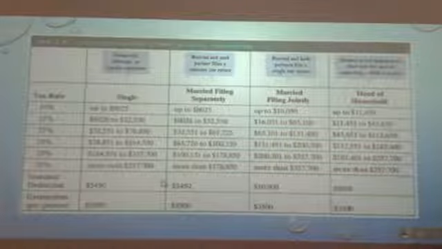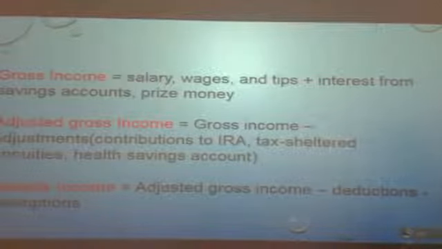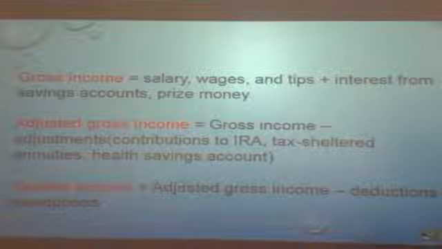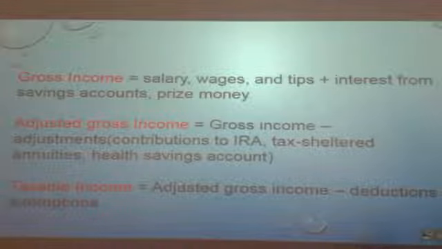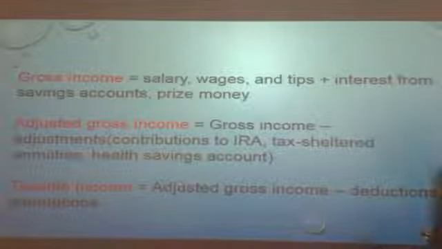So in my example, let's go ahead and do some terms. Your gross income is everything that comes in terms of positives, like your salary, your wages, your tips. If you have interest in a savings account, or if you go over to the golf and you win lots of money at the casino, you have to claim that prize money.